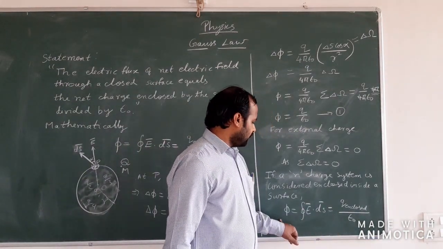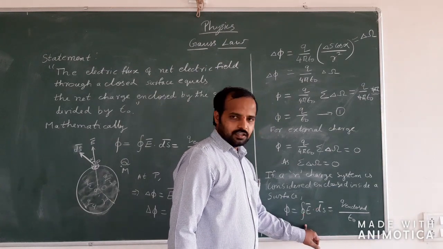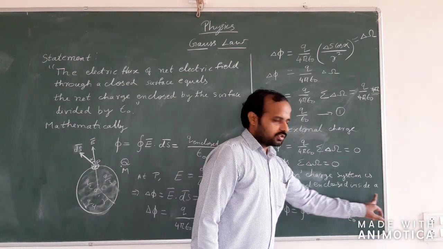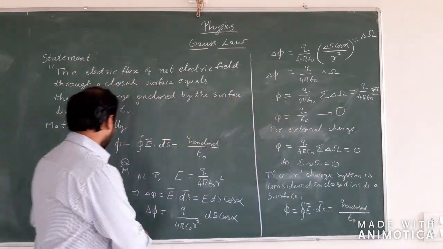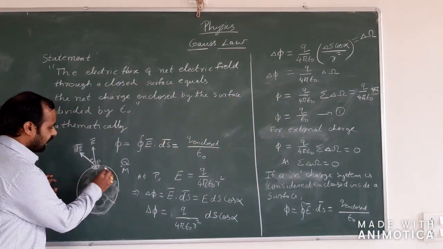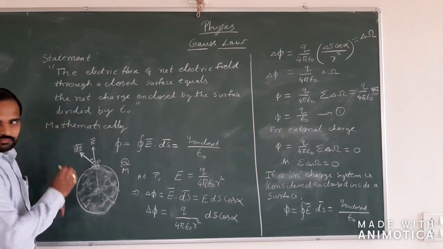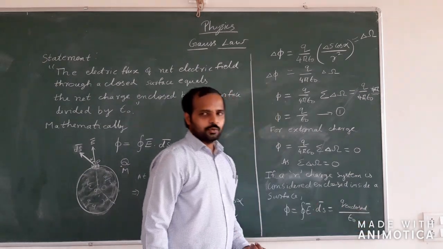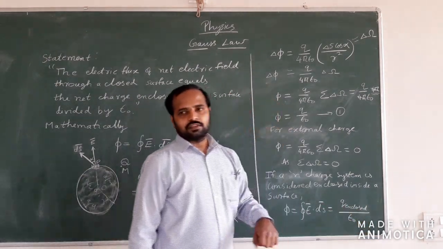Then the net flux is phi equals the closed integral of E bar dot ds bar equals Q enclosed divided by epsilon naught. Here Q enclosed is the total charge, the algebraic sum of all the charges enclosed inside the enclosure.